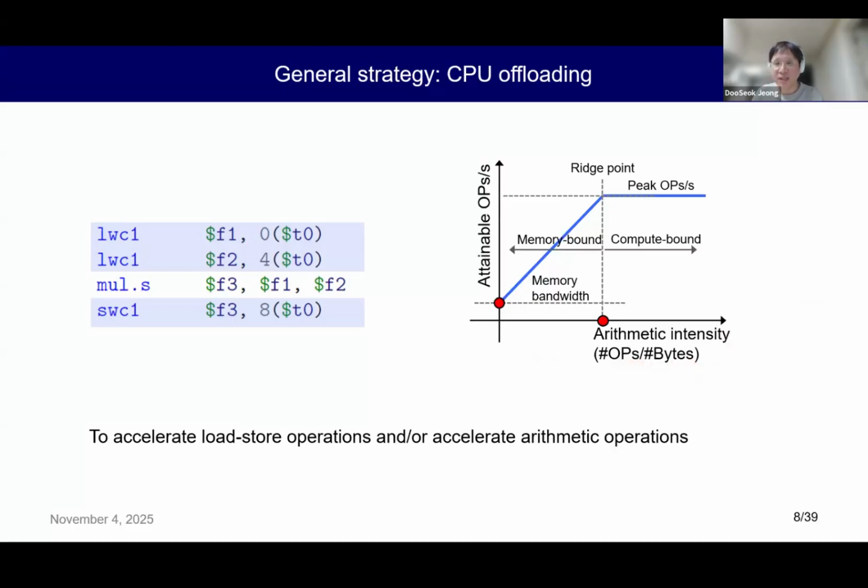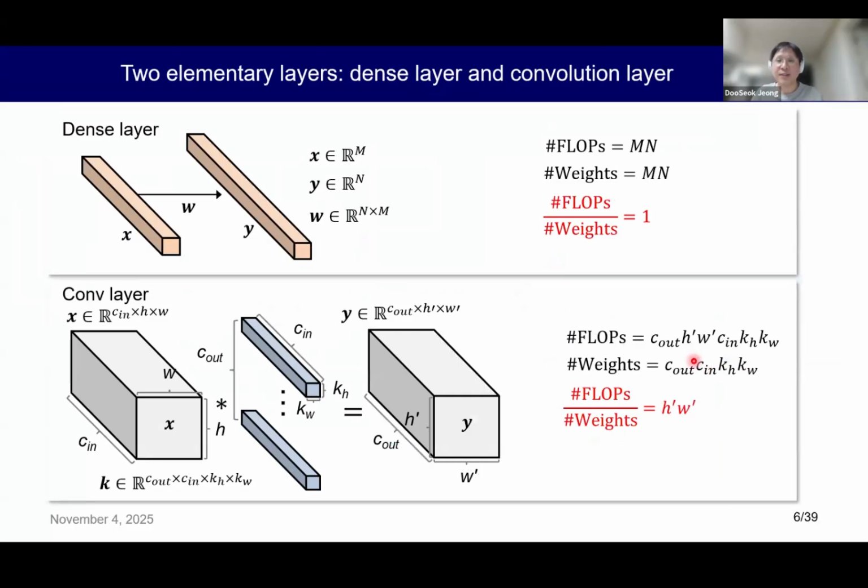So for a dense layer, the intensity is pretty low because that's one. You load one data, which is a weight, and you do an operation using that weight, right? But like convolution, you load one weight and you do multiple operations, right?